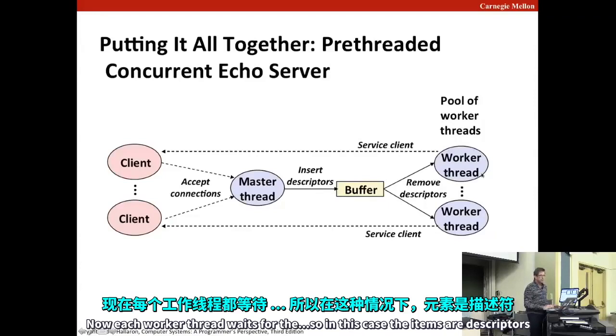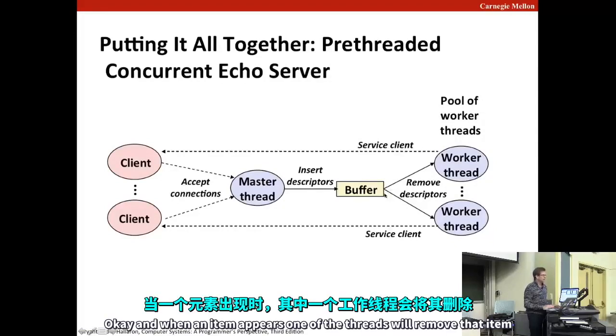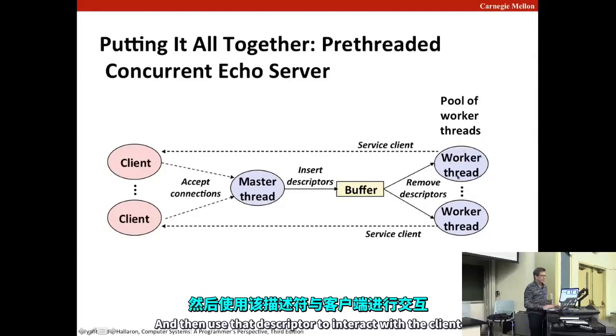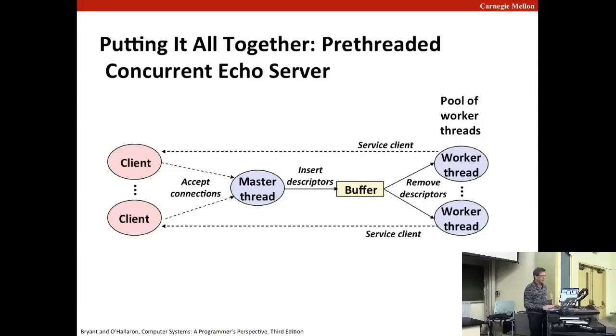Now, each worker thread waits for items, which in this case are descriptors. The worker threads are all waiting for items to appear in this buffer. When an item appears, one of the threads will remove that item and use that descriptor to interact with the client over the connected file descriptor associated with the connection that exists between the client and the server.